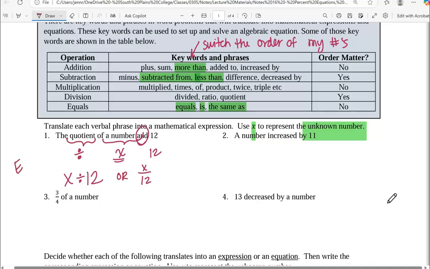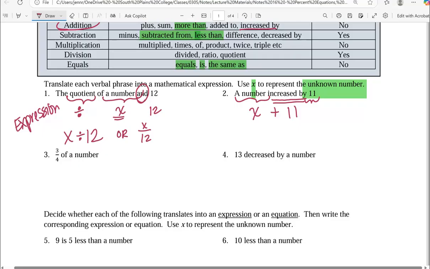This is called an expression because I never had an equal sign. A number, anywhere they say a number, I'm going to use an x placeholder. Increased by tells me I need to add 11. Again, this is an expression. Nowhere have you brought in an equal sign yet.